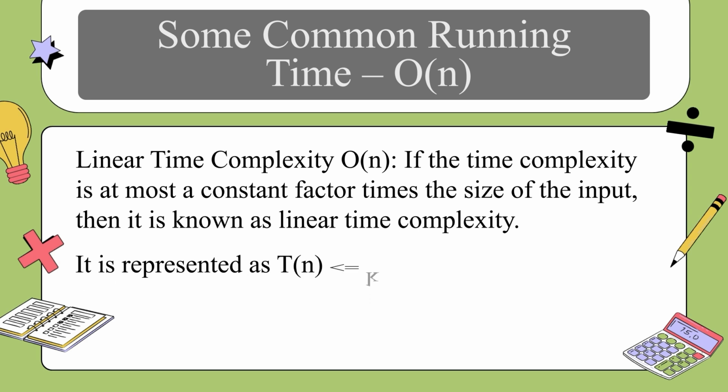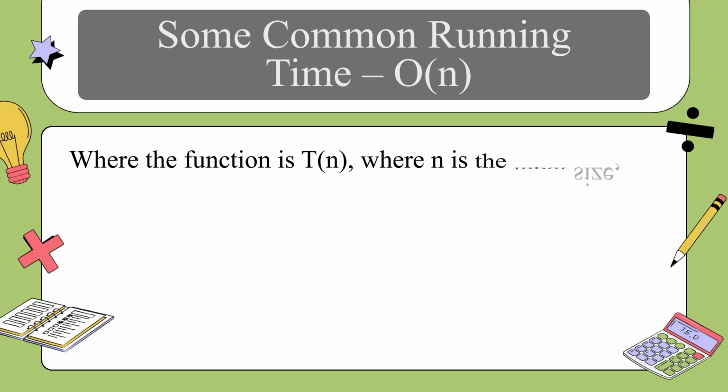It is represented as T(n) is less than or equal to k times n, or T(n) equals order n. This is the mathematical representation for order n, where the function is T(n), n is the input size and k is the constant.